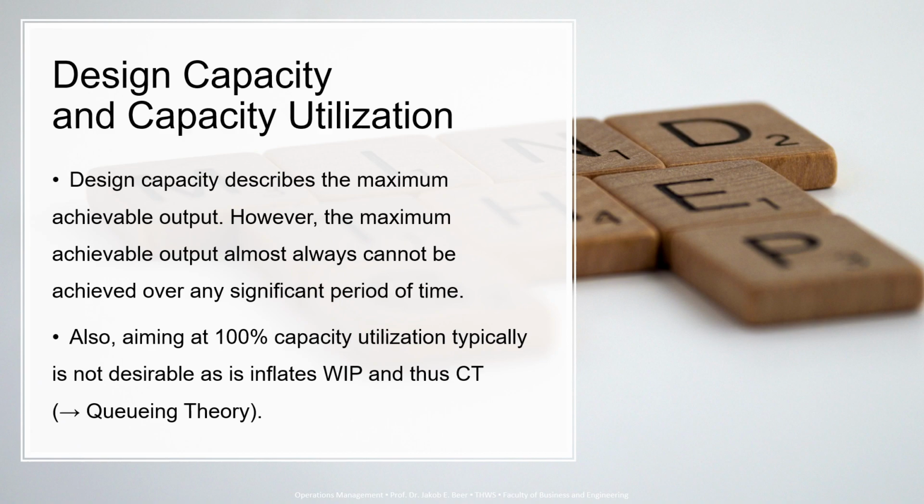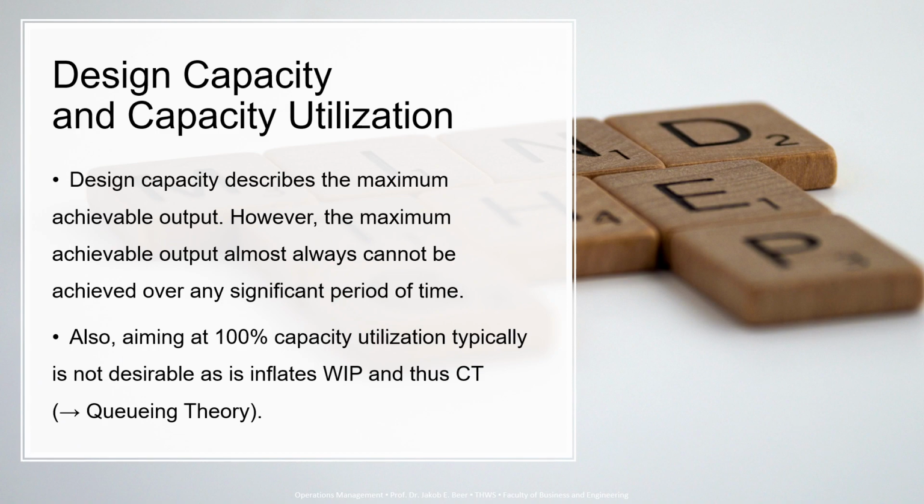And again, there is a big difference between capacity and performance. So we sometimes talk about design capacity, which describes the maximum output that we can achieve in theory, but almost always we cannot achieve the maximum output over any significant period of time.